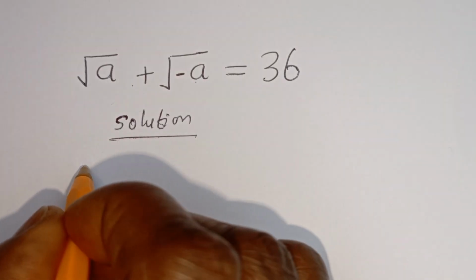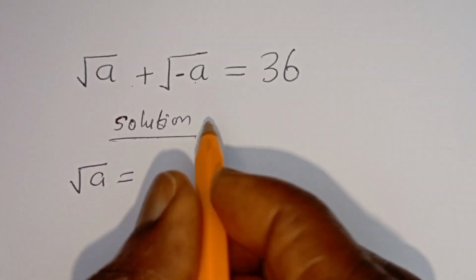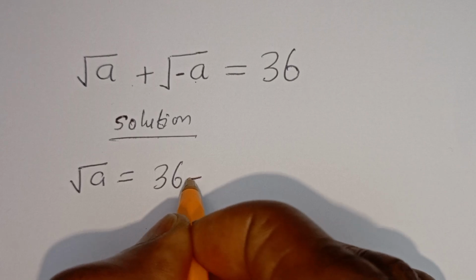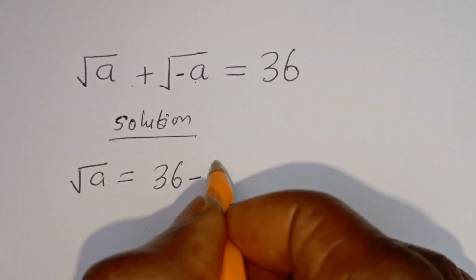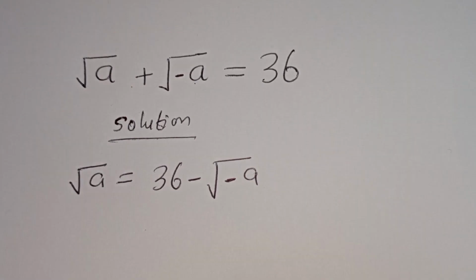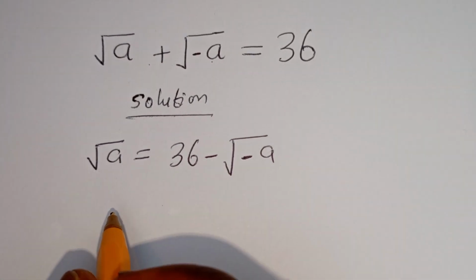Then here we have square root of a will be equal to 36 minus, if you take this to this side it becomes minus, square root of minus a. Let's square both sides of this equation.